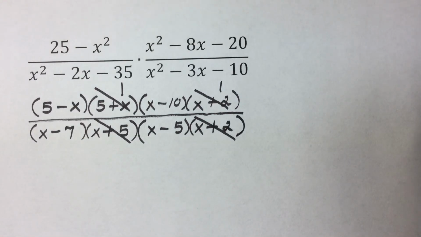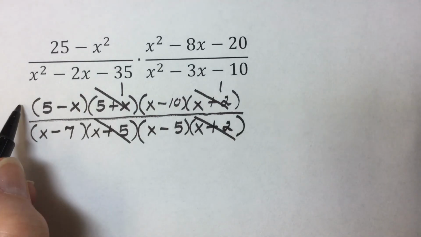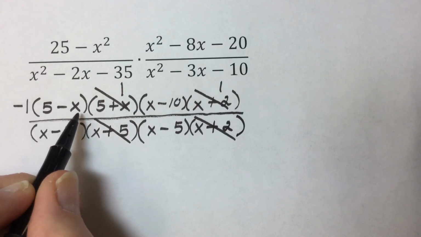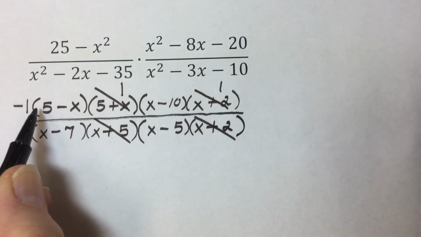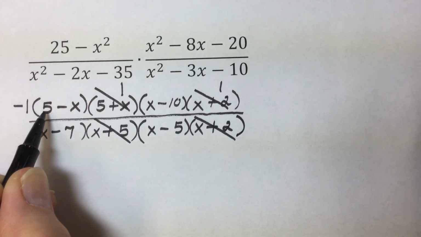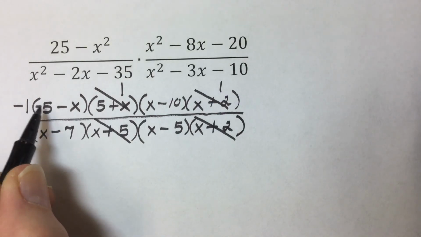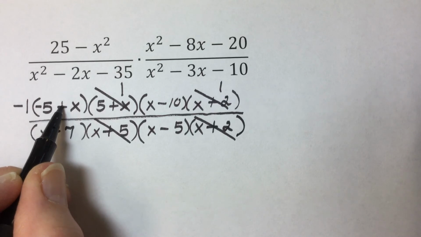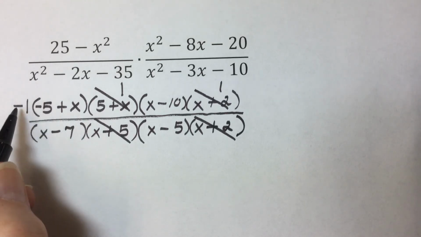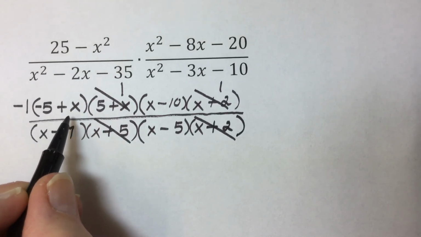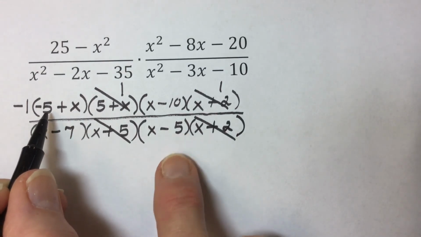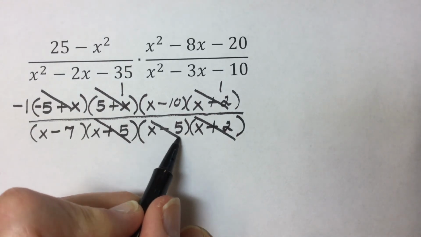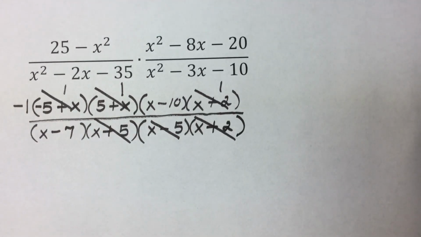And we found previously that if we factor out a negative 1 from either one of the binomials, it will change the signs from the opposite of what they are. 5 will become a negative, minus x will become a positive, and if we do the distributive, we're back to what we had. But now looking, I do have a positive x and I do have a minus 5, so those factors will cancel out, leaving 1.